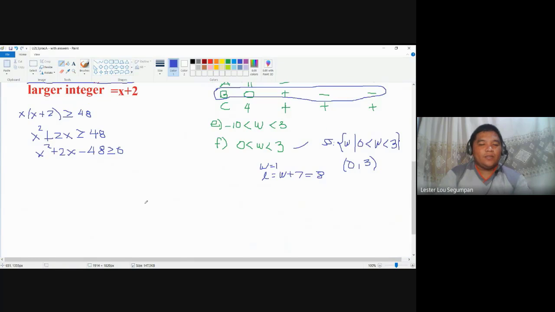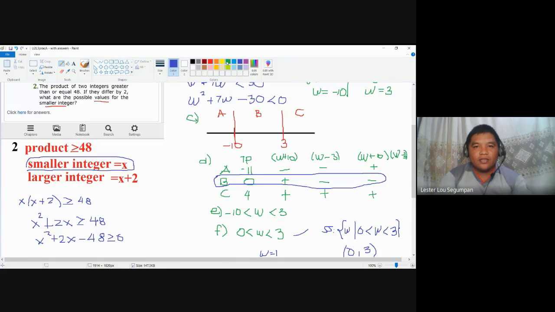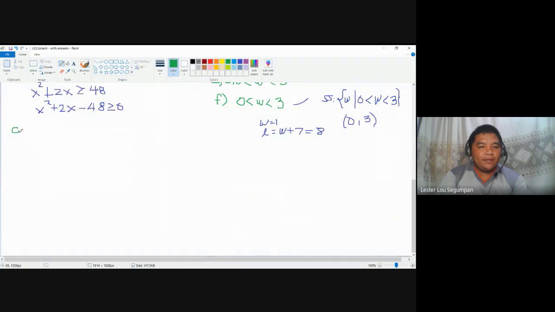Okay, so we have this number sentence for this problem, and let us now start with the steps. Step A, the equivalent quadratic equation, x squared plus 2x minus 48 is equal to 0.